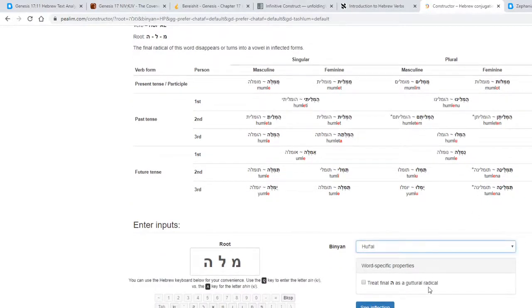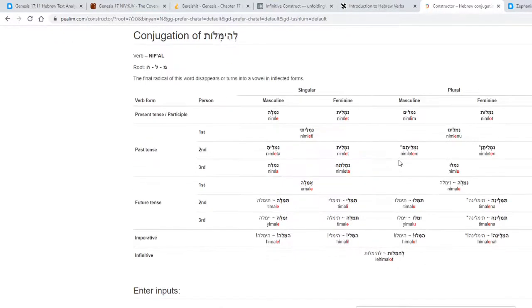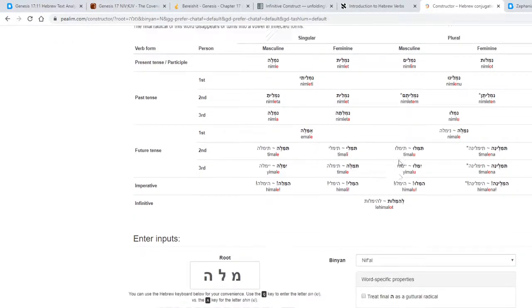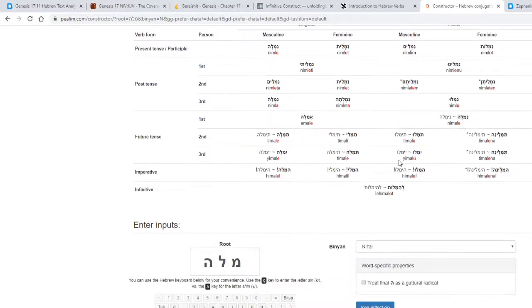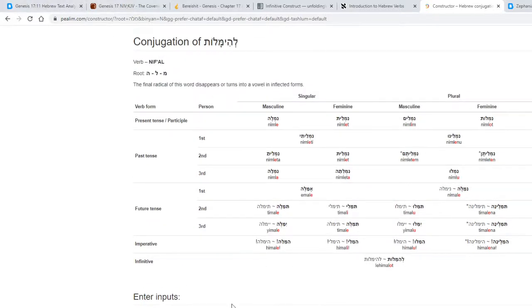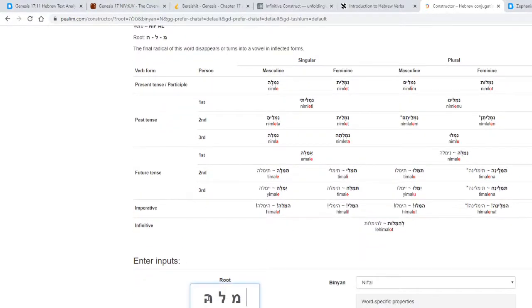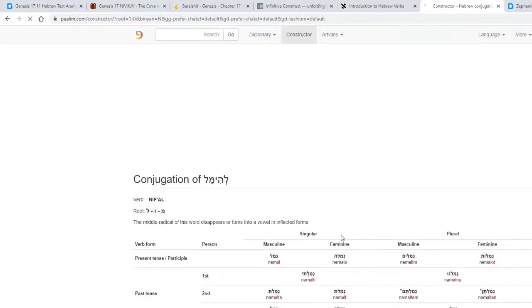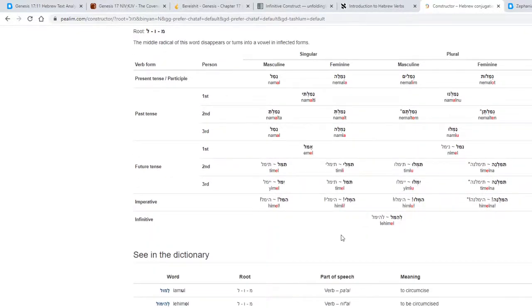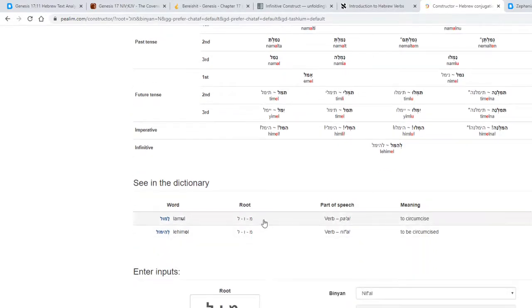It's in the nifal. Yeah, they're probably right. Although this isn't showing up in the thing, they're probably saying that it's mem vav lamed, to circumcise. Yeah, they're saying that the root is mem vav lamed.